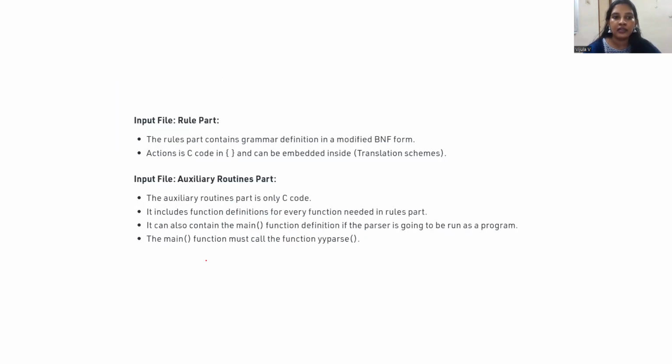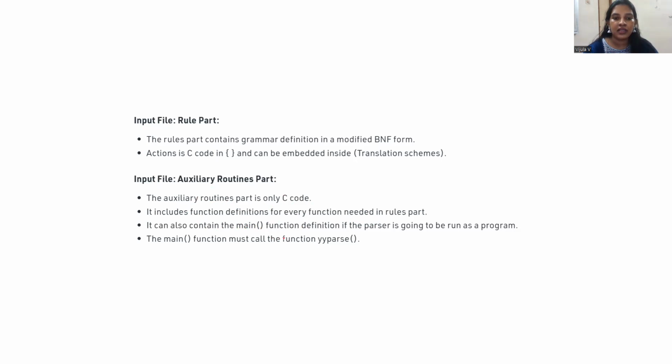In the rules part, it contains the grammar definition in a modified BNF form. The actions in C code are defined inside the braces and can be embedded inside the translation schemes. For the auxiliary routines part, it is only C code. It includes function definitions for every function which is needed in the rules part.